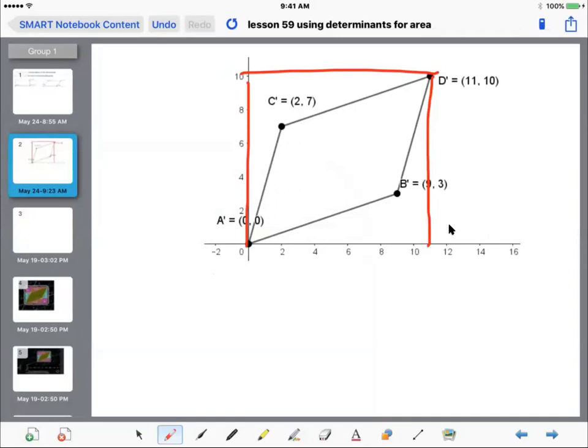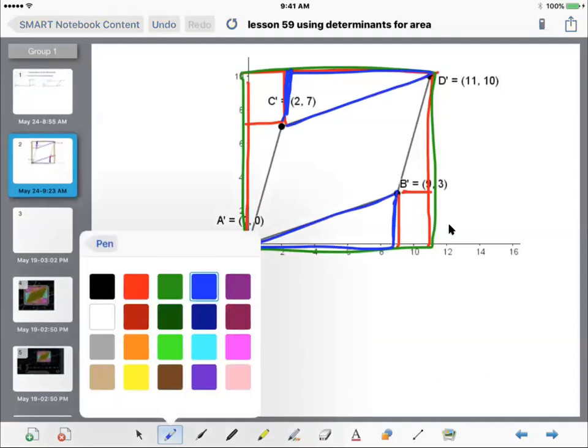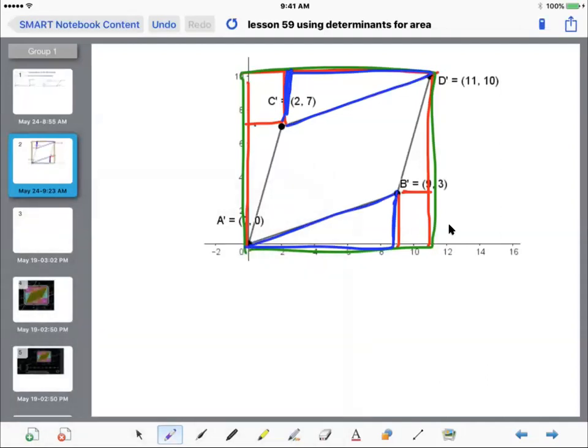For our purposes, if I make those two rectangles, I split up this picture into the very large rectangle, the two small red rectangles, and then there are the two blue right triangles, which appear to be congruent to each other, and also these skinnier purple right triangles.